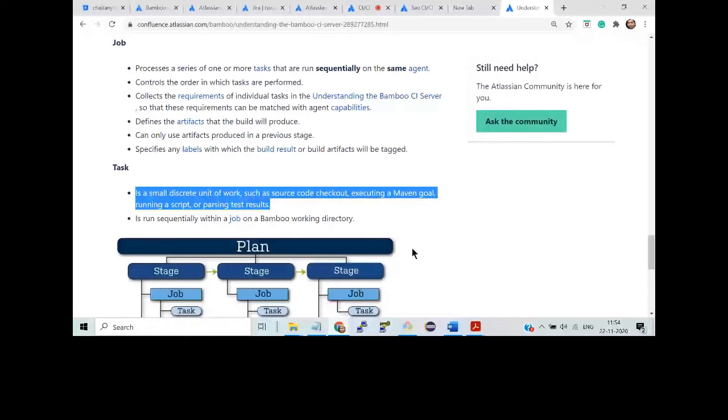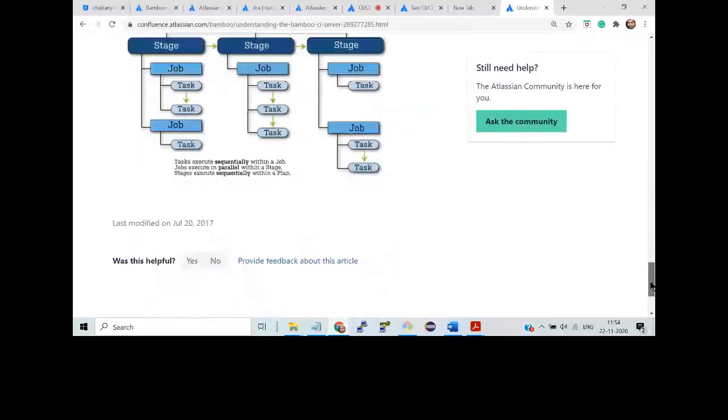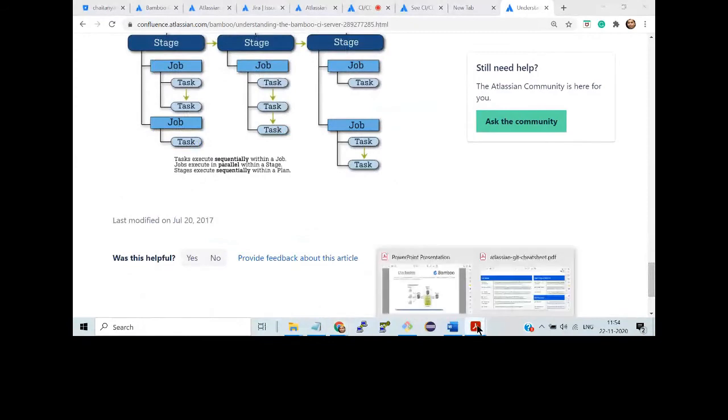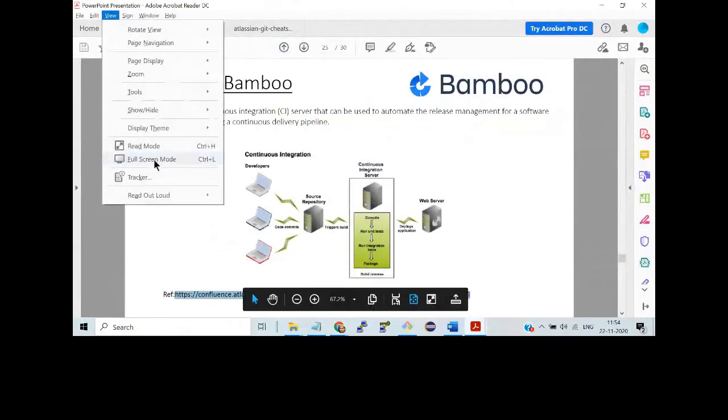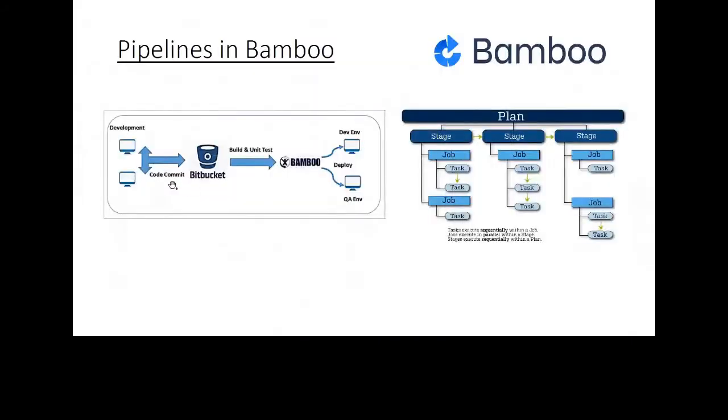I'm going to do a small example of how it works in detail. This is your CI/CD server. So once you configure it, once you commit anything to Bitbucket, it can do a build, test, everything automatically. For this, you want to create a project, a plan, and stages as required, so that each one executes as required.